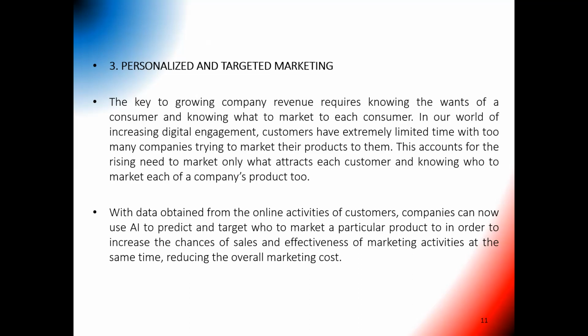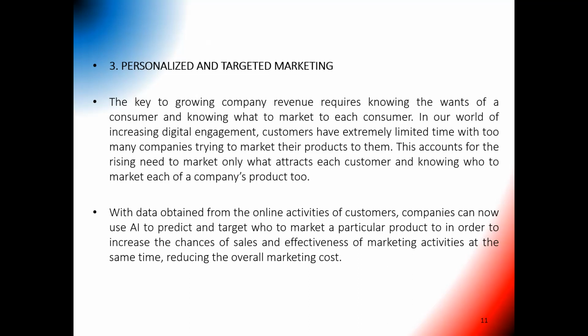So we are no longer just marketing, we are targeting our market using artificial intelligence. We use artificial intelligence to classify our markets, and then we market according to customer preferences.